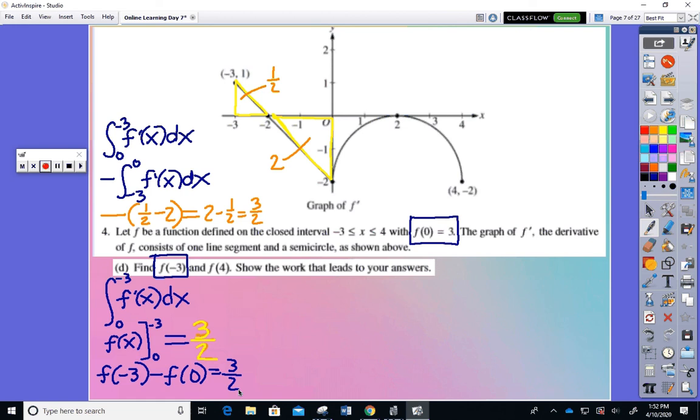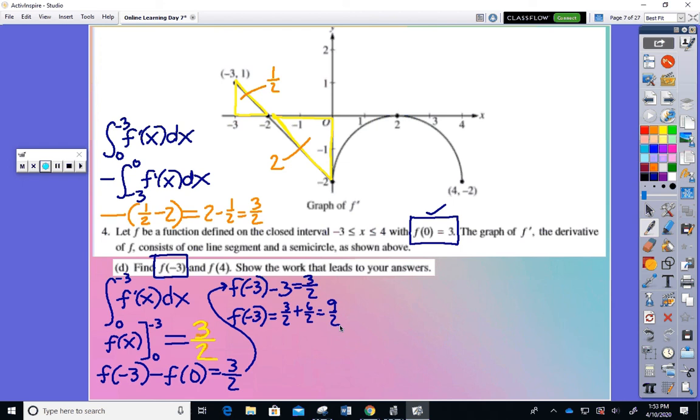So f of negative 3 is what I want. F of 0, remember, I had in the little box there. So minus 3 equals 3/2. So now I've got f of negative 3 equals 3/2 plus 3, which is plus 6/2. So I'm getting 9/2 on that one.